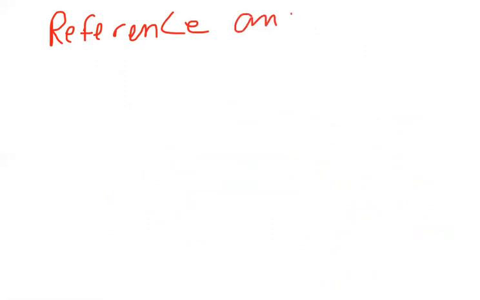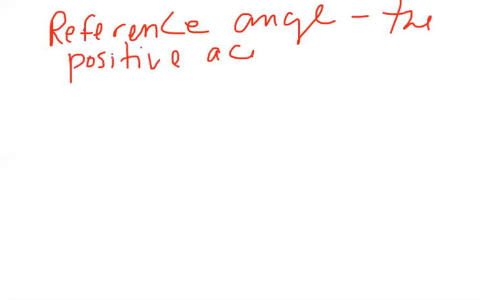So now, the reference angles. Remember, guys, this is an intro to the unit circle. In this particular lesson, we're not even going to get into the unit circle yet, because we're still defining terms. Reference angle. This is the positive acute angle. What's an acute angle? Any angle less than 90 degrees, guys.